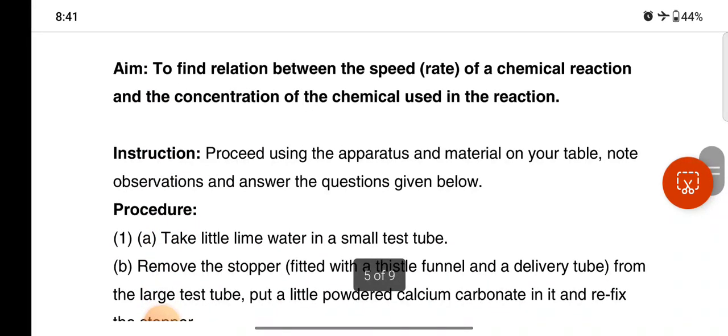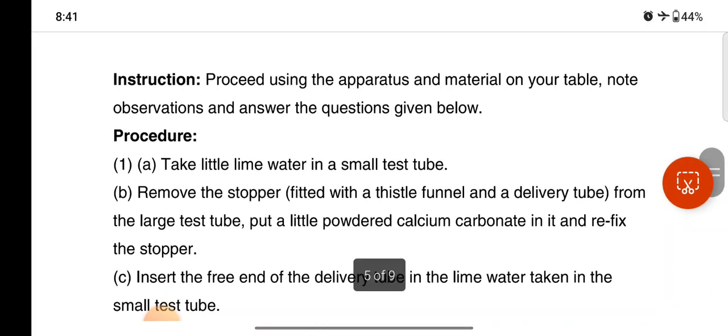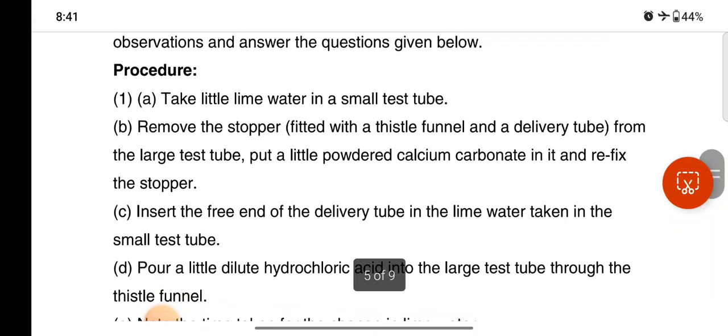Now sample number 2. Aim of this practical: to find a relation between the speed or rate of a chemical reaction and concentration of the chemical used in the reaction. Instruction: proceed using apparatus and material on your table. Note the observations and answer the questions given below. Procedure first.